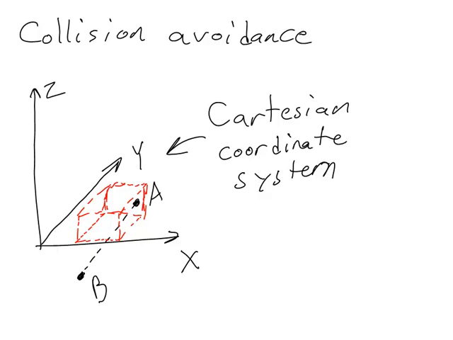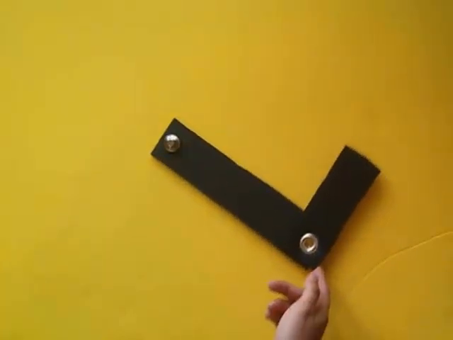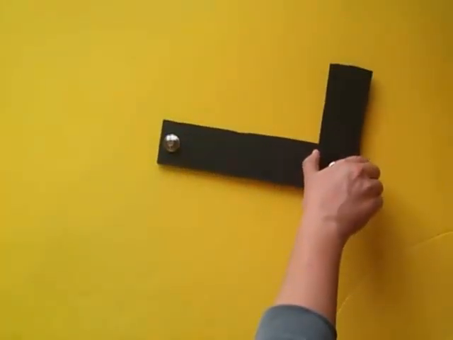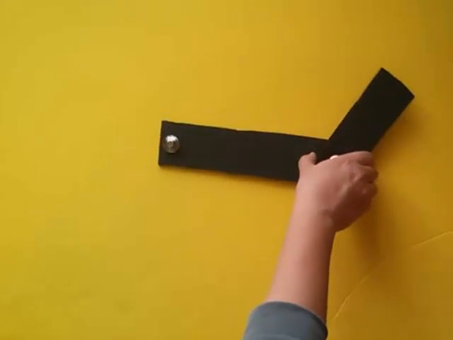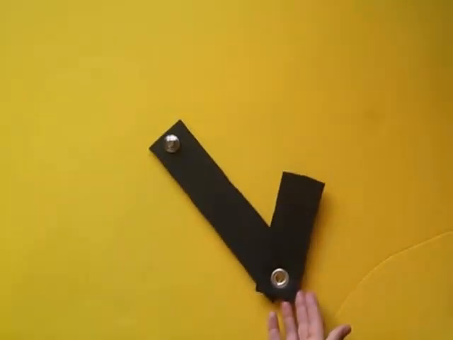I'm going to show you how we do this by setting up an easier problem than the one I've shown you here and walking you through how we solve the easier problem. I'm going to give you an example of how we do collision avoidance using this 2-link, 2 degree of freedom planar manipulator that I've used for examples in the past.